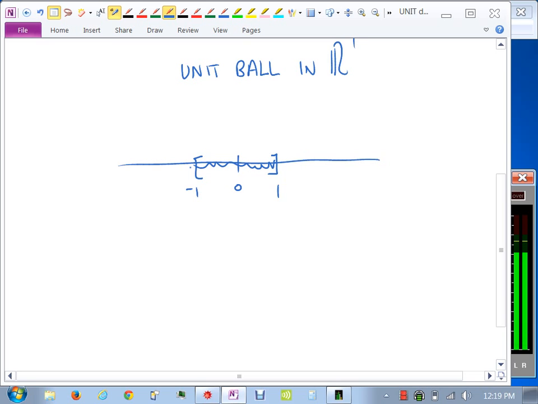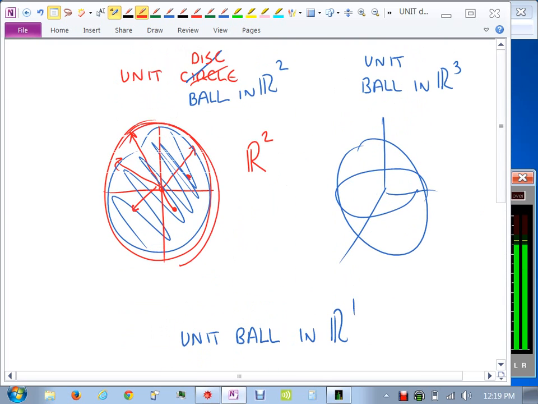The concept is always the same. In the space, the unit ball is all points where the distance from that point to the origin is less than or equal to 1. So you draw a disk. Every point that you pick on this disk, if I pick a point here, that point has the coordinates x, y.